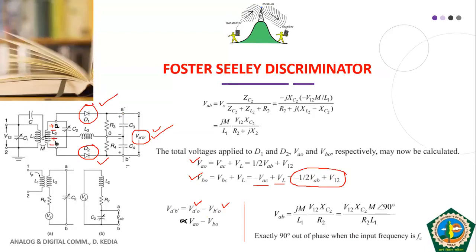We know that the voltage drop across D1 and D2 is almost negligible, so VA'O and VB'O can be taken as approximately equal to VAO and VBO. So the output voltage VA'B' will be proportional to the difference of these two voltages, VAO and VBO. This you have to remember: our output voltage is equal to the difference of these two voltages. Fine.